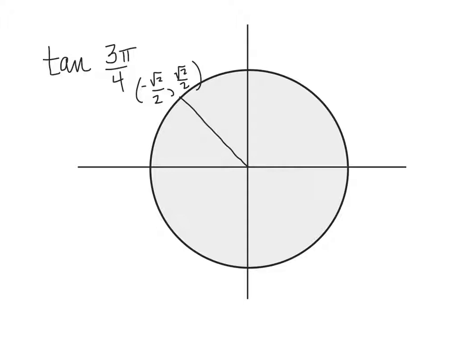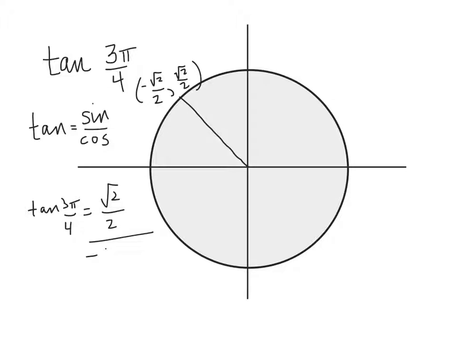If you wanted to use the relationship that tangent is the same as the sine function over the cosine function, you would be able to set up very quickly that the tangent of 3 pi over 4 is equal to square root 2 over 2 over negative square root 2 over 2, which I hope that you would see reduces all the way down to negative 1. So the tangent of 3 pi over 4 is negative 1.